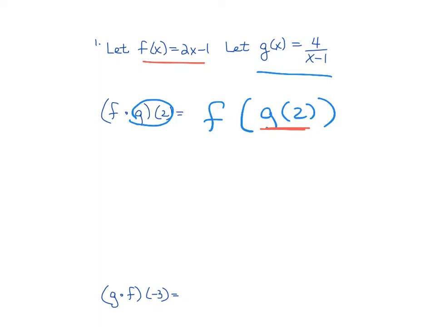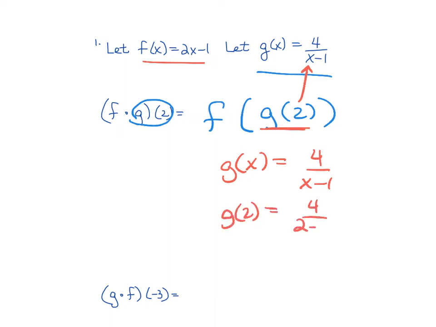So I'm going to take 2 and plug it into my g of x function. I'm going to do the inside out. I'm going to take out x and plug in 2. So 4 over 2 minus 1, 4 over 1, so g of 2 equals 4.